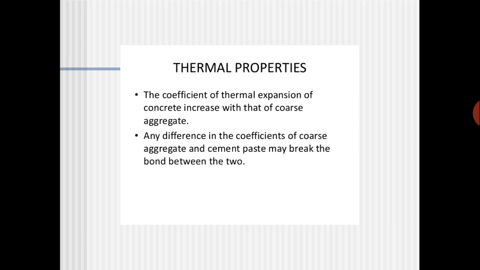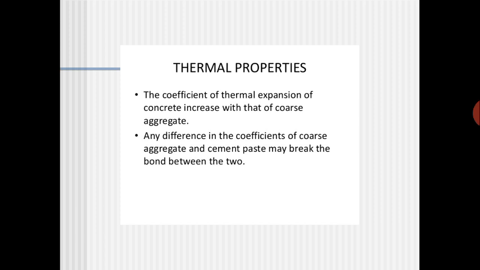Then any difference in the coefficient of the coarse aggregate and cement paste may break the bond between them. If you increase the temperature in the concrete, normally the bond between the aggregate and the cement is going to break, and that is nothing but total thermal expansion of the concrete.